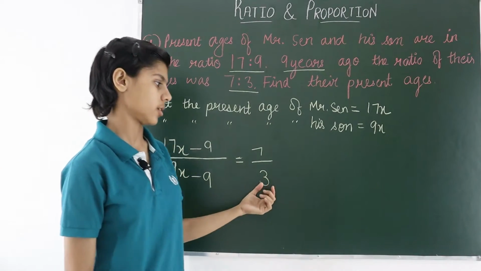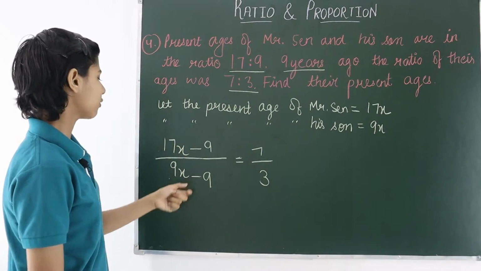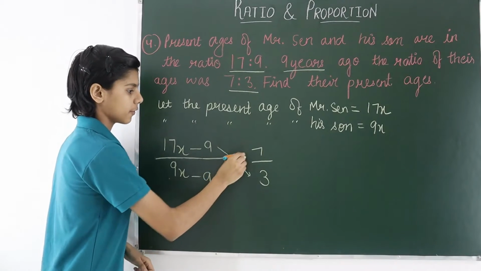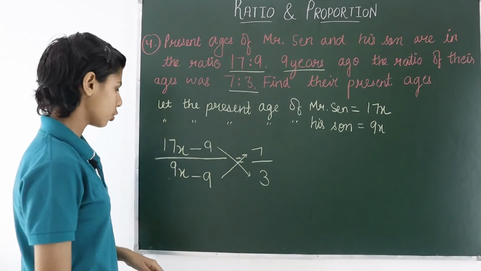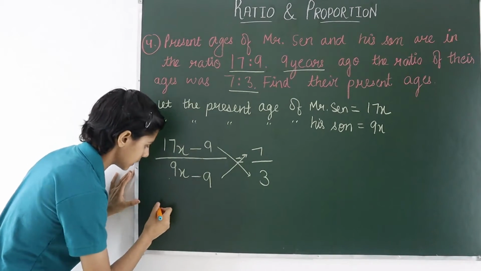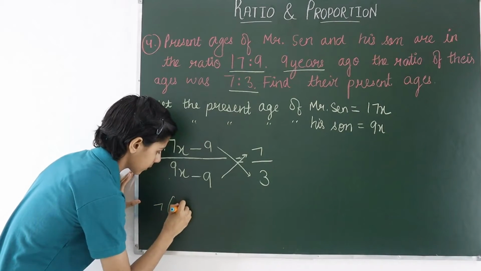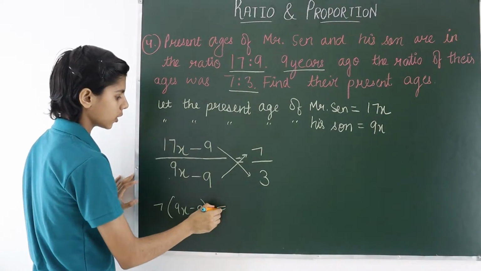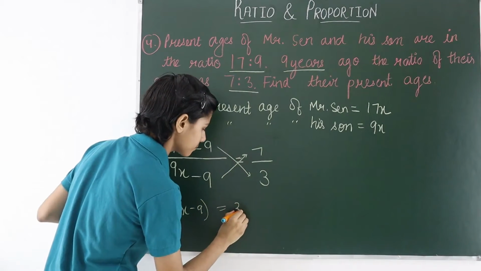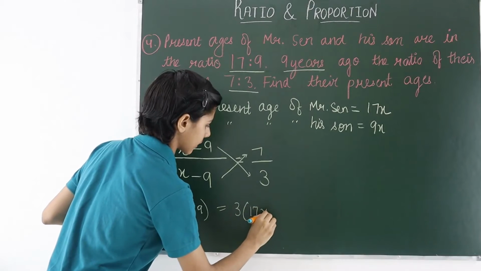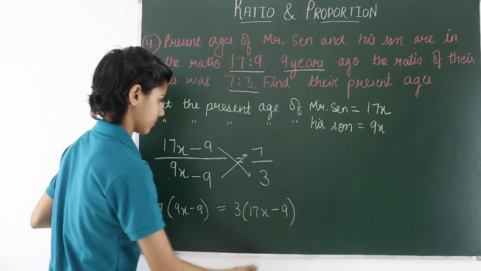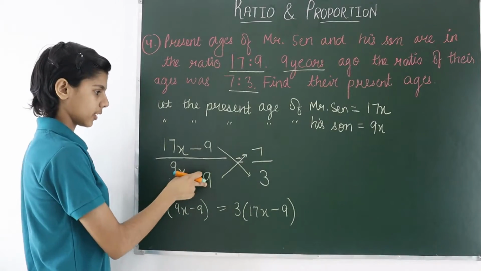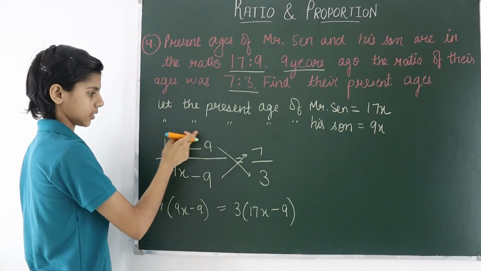The ratio was this. So now for getting the value of x, we can cross multiply them. We will cross multiply. So what we will write is firstly 9x minus 9 will be multiplied, so it is equal to 3 times 17x minus 9. 7 is multiplied with both of these and 3 is multiplied with both of these.